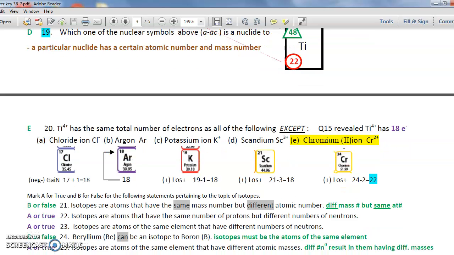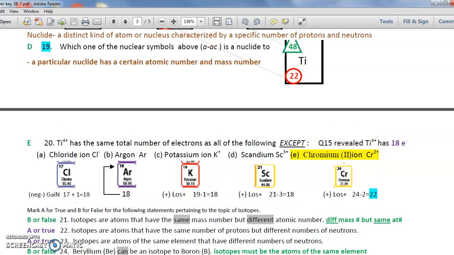Let's take a look at the next question, number 20. Titanium 4+ has the same number of electrons as all of the following, except which one? Titanium 4+ has the same total of electrons as every one of these answers, except which one? Well, how many electrons does titanium 4+ have?